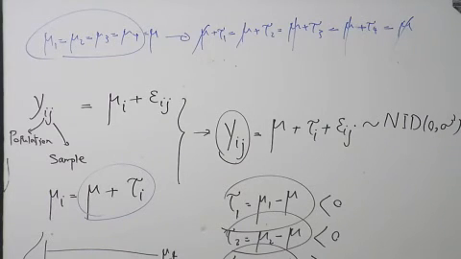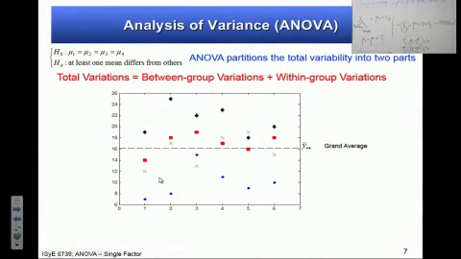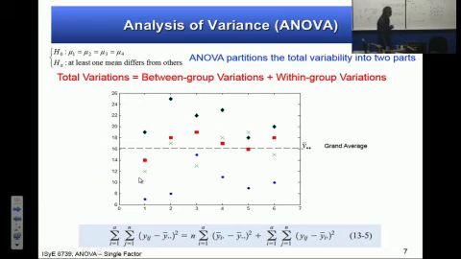So let's see how we can do the analysis. We are done with the notations and assumptions. So here is what we do. Let's say this is all the observations that we have. And we know how we can calculate the total variation. Total variation means each observation minus the overall mean. This is the grand average, which is the estimate for the overall mean.